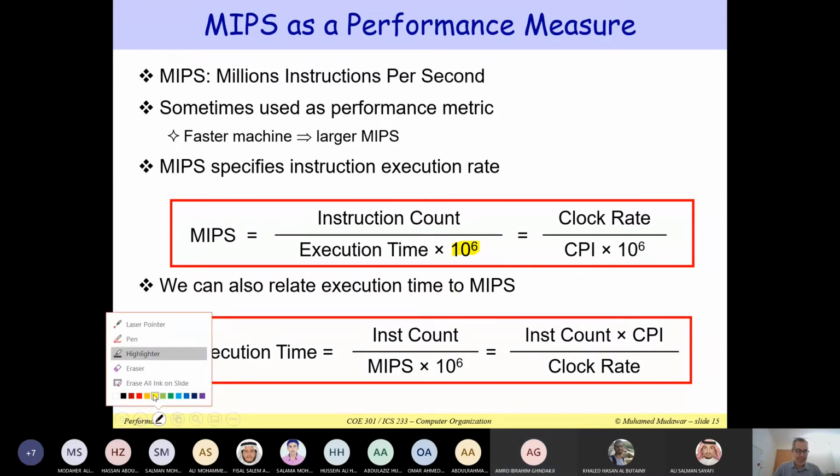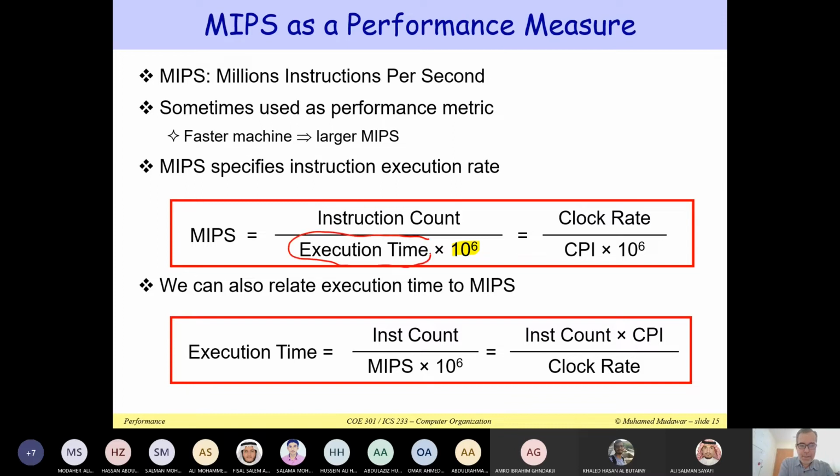So let me write it down here again with my pen tool. Always remember the performance equation, so important. The execution time is I, which means the instruction count, multiplied by the average CPI, multiplied by the cycle time.